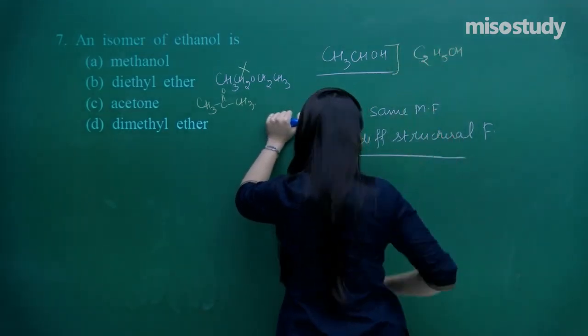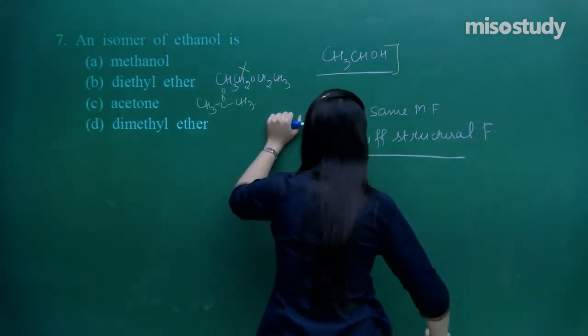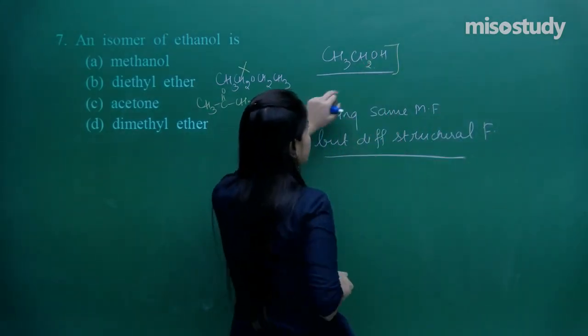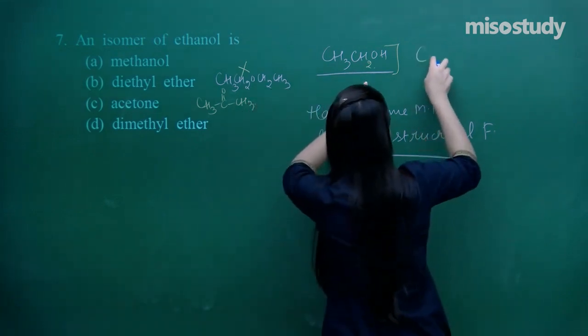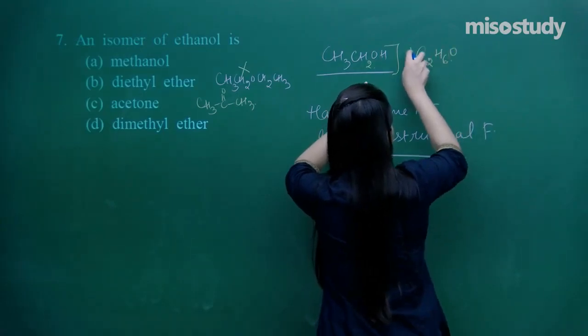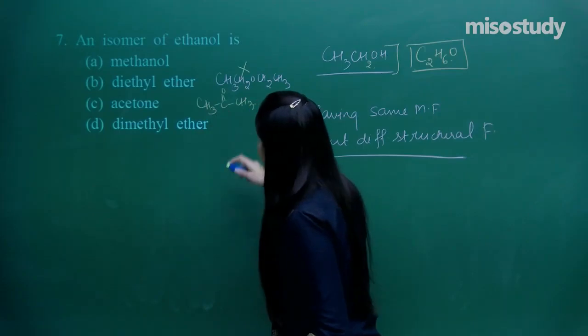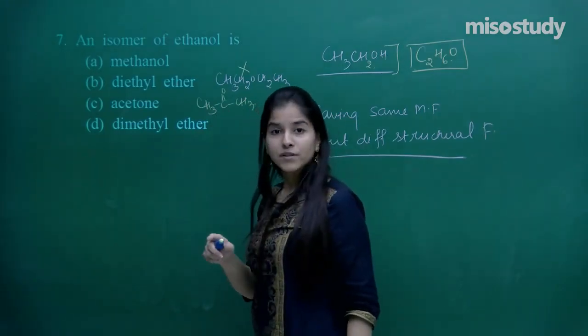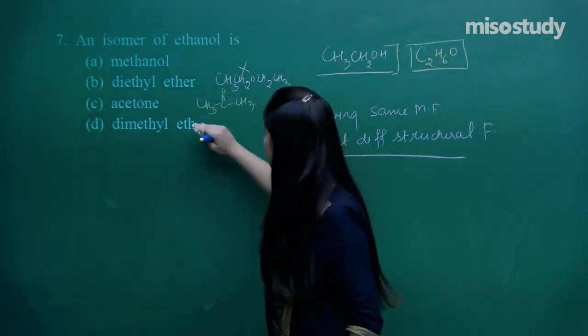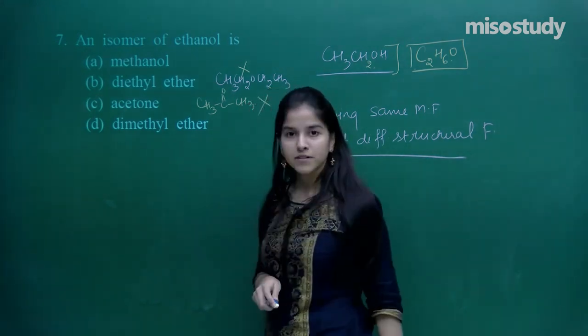Sorry, I missed out 1 hydrogen over here. That means I have got C2H6O. That is the molecular formula. And over here there are no 2 carbons, but I have got 3 carbons. That means again it is violating the rule.